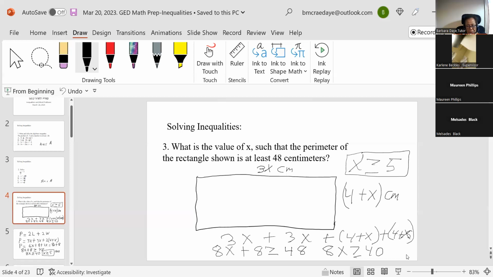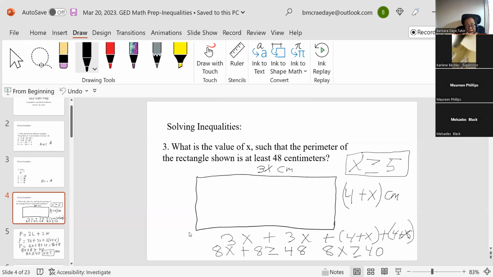Because you have 48 centimeters, I want to see how I could get that 48 into 4 pieces. No, that's not what you're doing here. You're trying to find your x value if your perimeter is 48 and these are the sides: 3x, 3x, 4 plus x, 4 plus x.